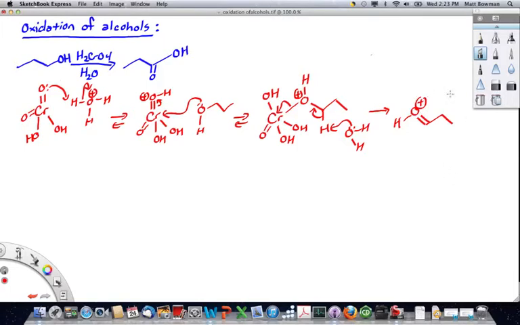And this is a good electrophile, capable of reacting with water, and then a quick proton transfer.